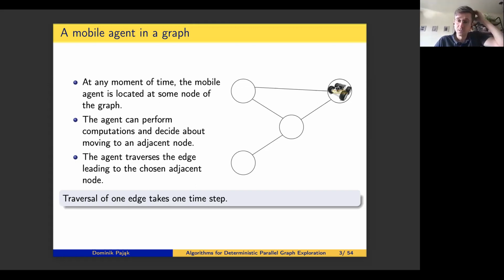And some people consider also asynchronous versions where the length of the step is different. But we will study synchronous ones where just one time step is sufficient for the agent to traverse one edge, and each edge has equal length, so it's always one step.